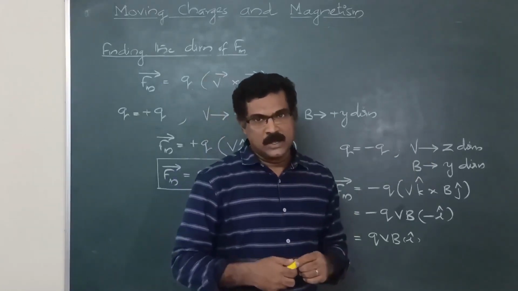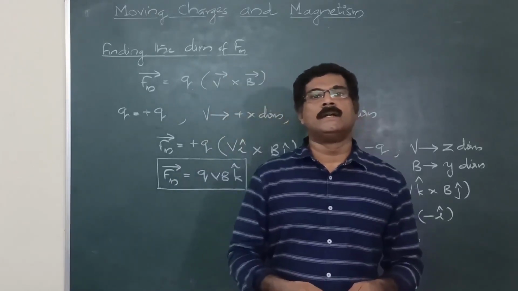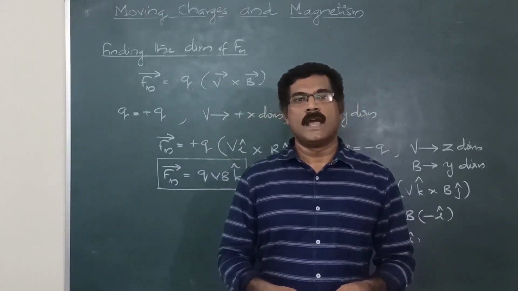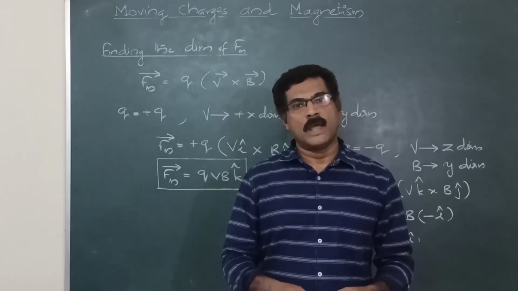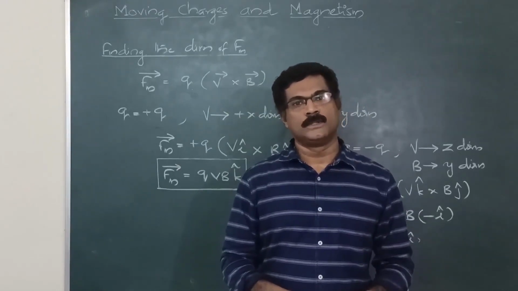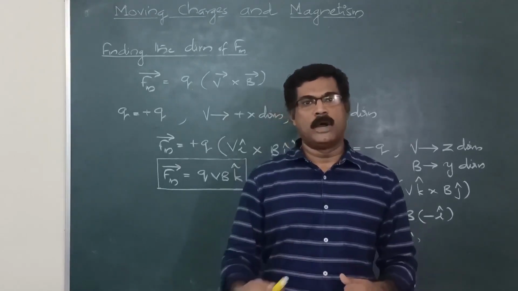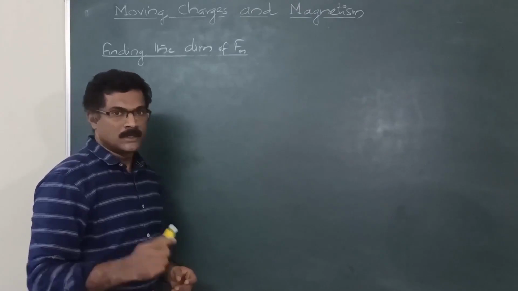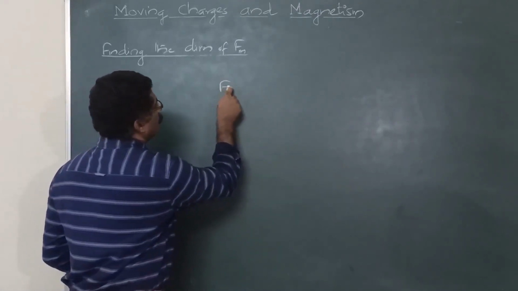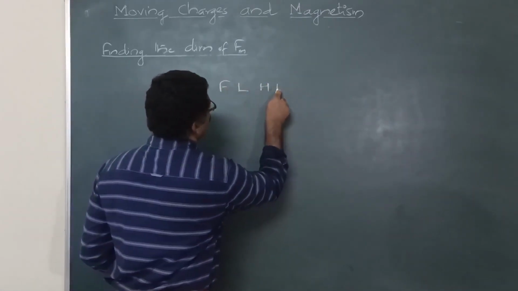So that is the method to find the direction of the magnetic Lorentz force. And there is one more method to find it, and the rule is Fleming's left hand rule. Now we can move to that point. What is Fleming's left hand rule? Fleming's left hand rule, FLHR.